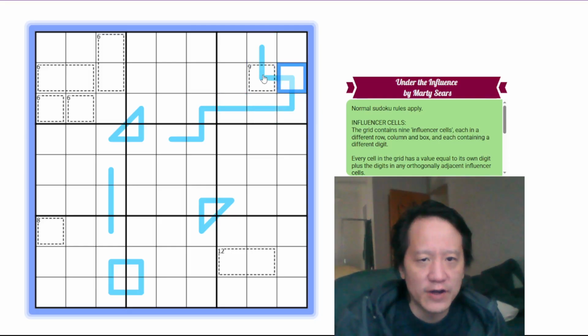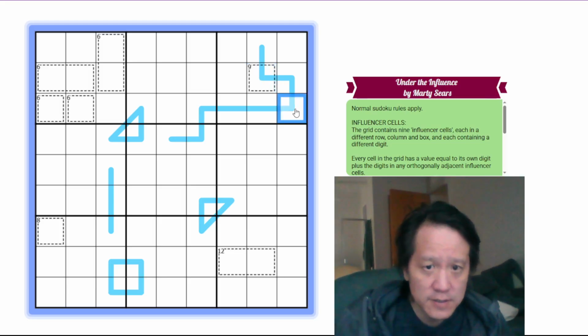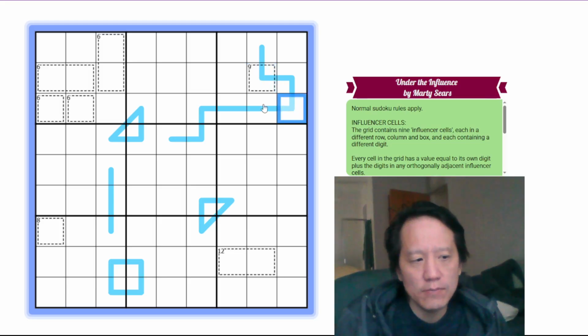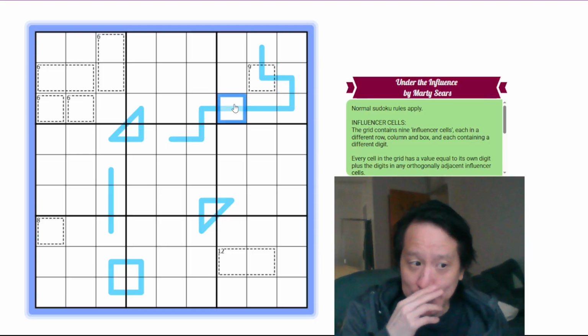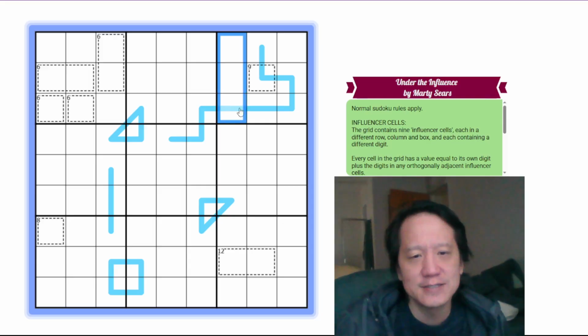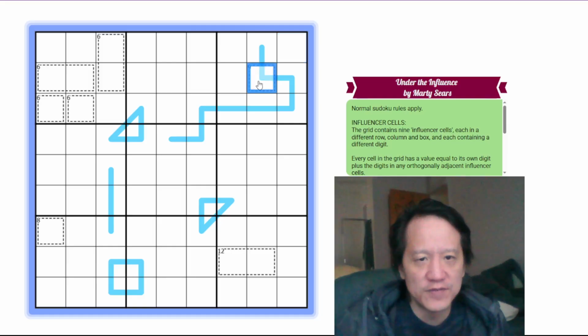This one will add value to this and this. So these would all add value to this cell, and or that cell. So there's going to be at least 6 digits if any of these are the influencer cells. If this is the influencer cell, all 3 of these gain that value, so that's not possible. Same with this. These 2 gain value.